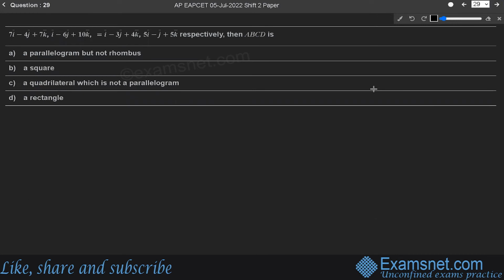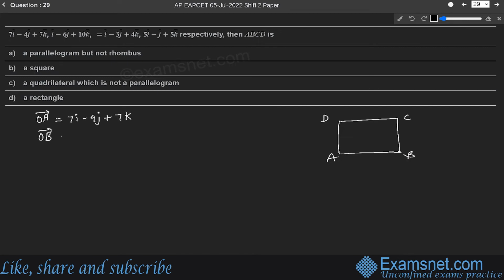Next question is 7i minus 4j plus 7k, i minus 6j plus 10k, minus i minus 3j plus 4k, 5i minus j plus k respectively, then ABCD is. Consider a figure and let this figure be ABCD. Now, according to the question, we have OA vector equal to 7i minus 4j plus 7k.